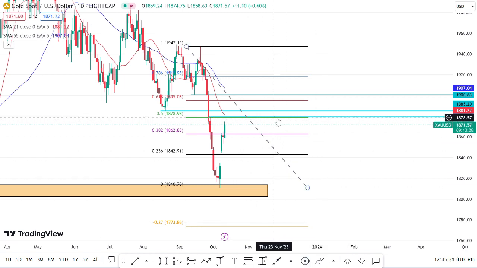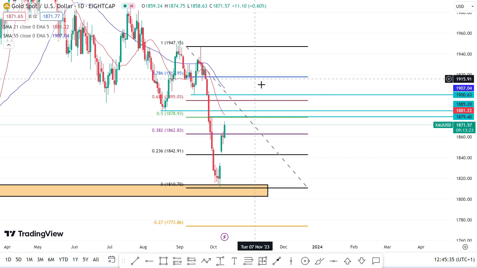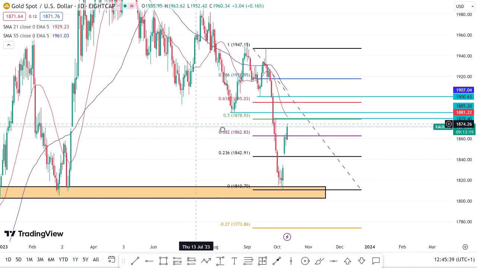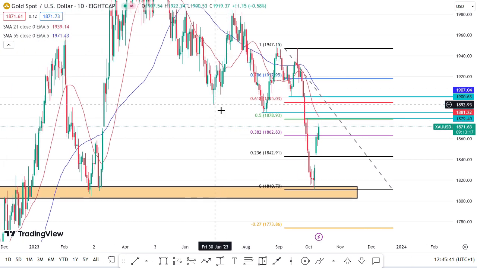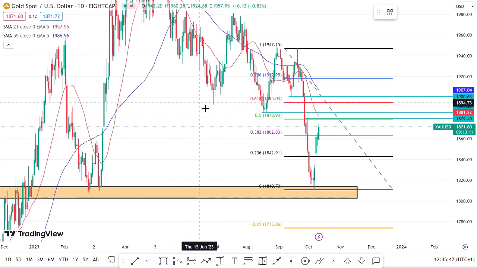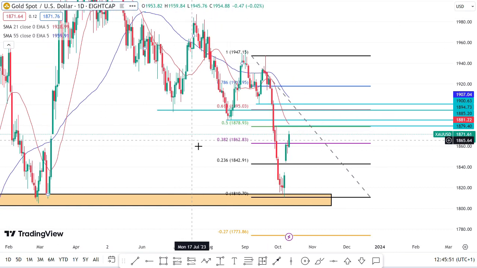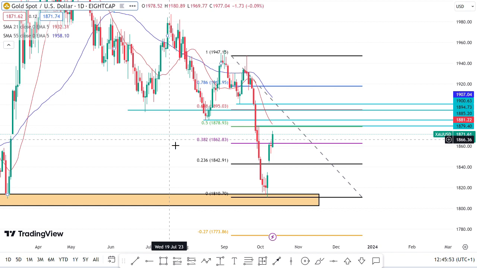This is the 50%, this is 61.8, and this is 78.6. So, somewhere here, as you can see, we had the 61.8 reversal. I'll mark that out because this is somewhere we should be focusing on.